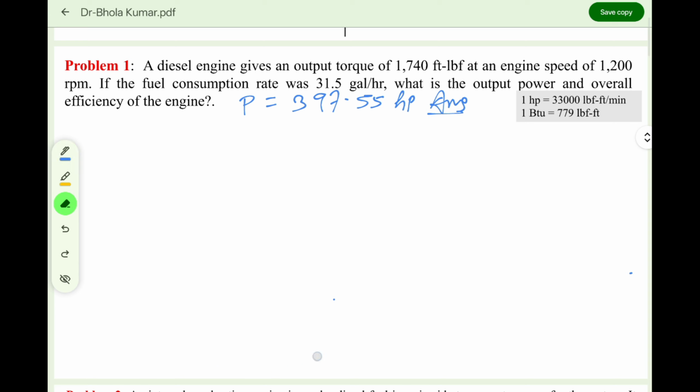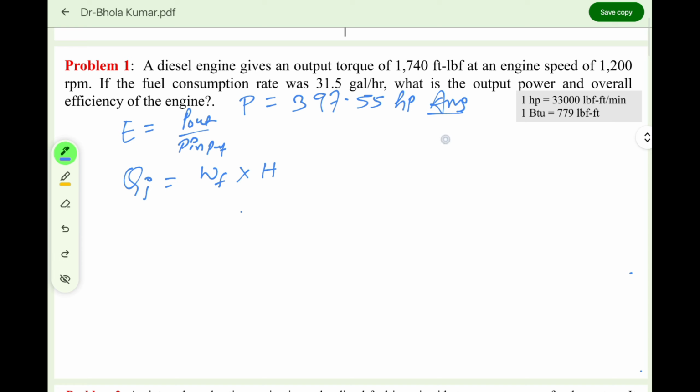Next, we need to calculate ηt. So ηt is nothing but P output by P input. Output I have calculated. P input, which is Qi, is nothing but wf multiplied with the heating value. wf is the mass consumption, but it is given as volume consumption per hour.